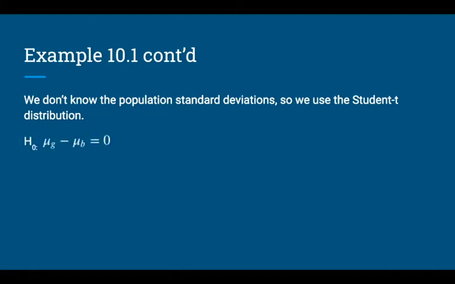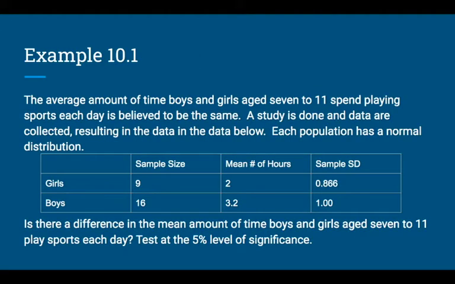Here's the null, and I wrote it as mu g for girls and mu b for boys. And then there's our alternative hypothesis that mu g minus mu b is not equal to 0. So now you want to go to the Student 2-sample t-test in your calculator, and you want to put in all that information that was in this table. So you might want to go back and view the table.